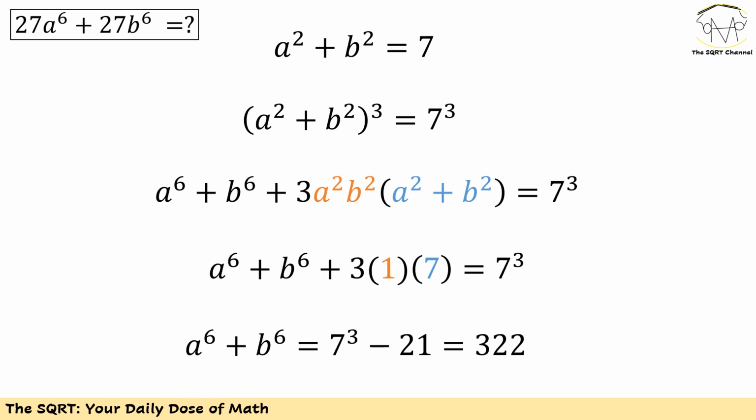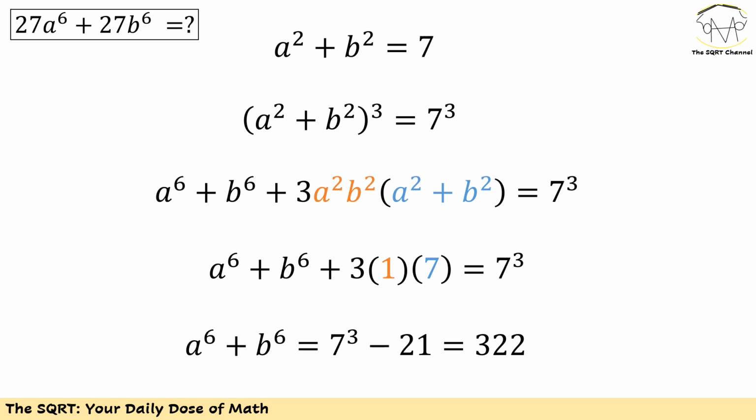To find a to the power of 6 and b to the power of 6, I can easily use some identities. It's going to take some time, but it's not difficult. Basically, I have a squared plus b squared equals 7. To find a to the power of 6 and b to the power of 6, I need to take power of 3 of both sides.